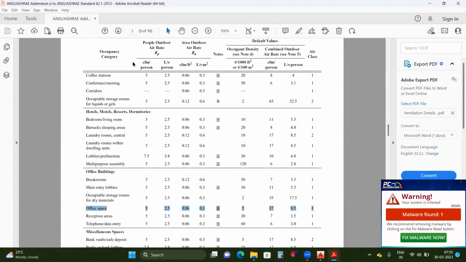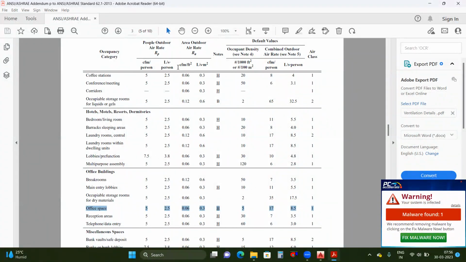So this 5 CFM is required for 1 cubic foot of area in a minute. Next one is liter per second. The CFM to liter per second is nothing but a conversion. So if somebody is working in SI units, they can take the liter per second and calculate. So here we have to use CFM per person. This is the liter per second.